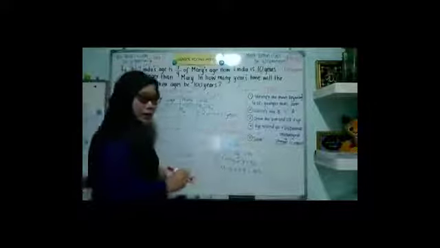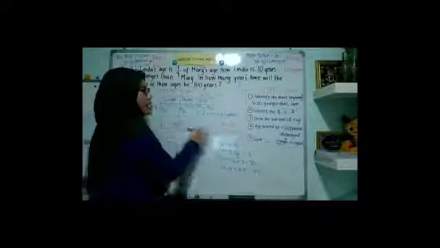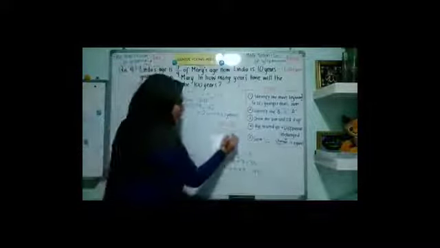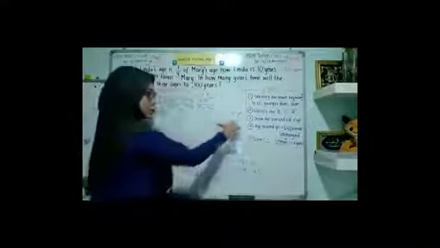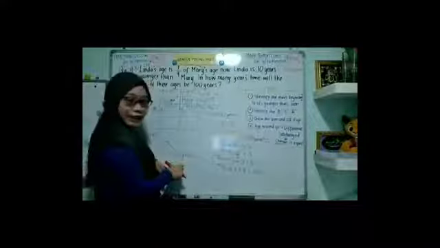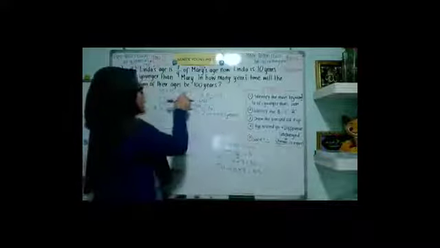This is added together. So if I want to find respectively, I take 20 years, which means each of them will be adding 10 years. This is together because this is the total later, this is the total now.